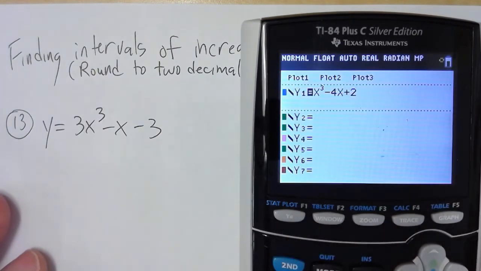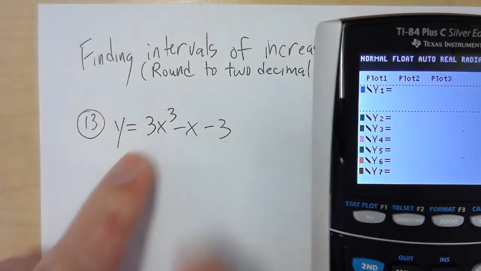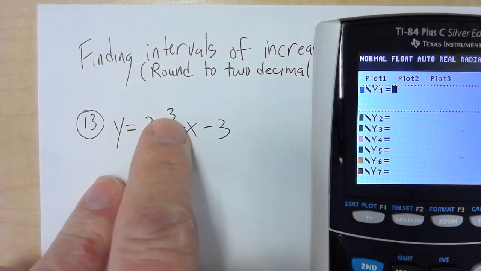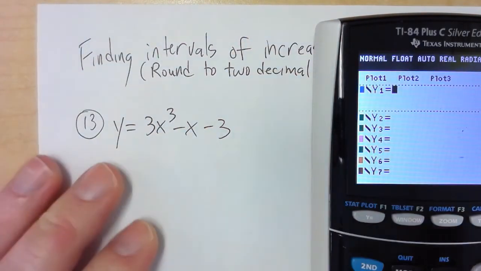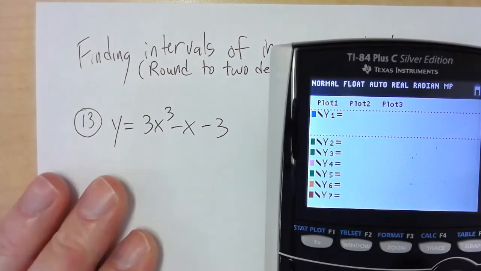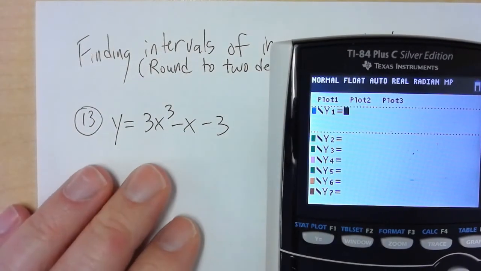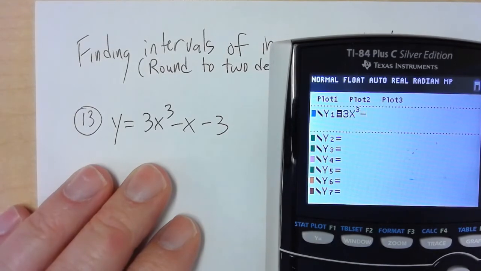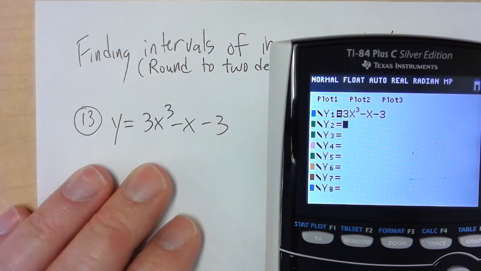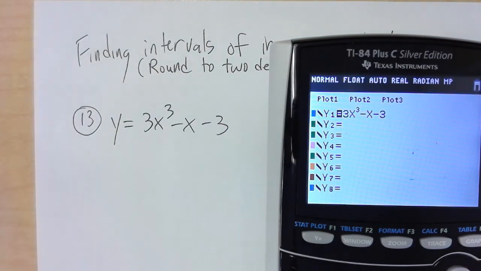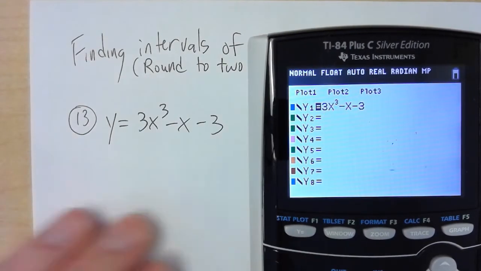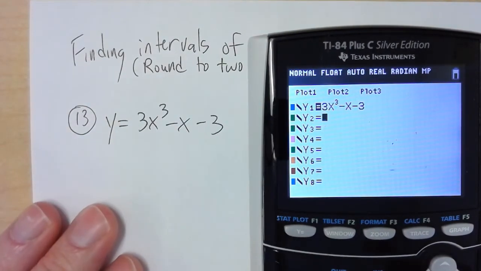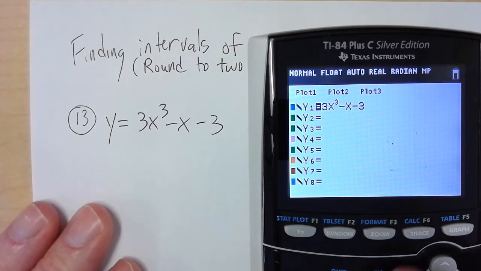So I'm going to graph it here, and this one is positive and odd, so we know that it's going to be up on the right and down on the left. It's going to do a curvy thing, and that's from our little song that we just did. So we go to 3x to the 3rd power, minus x minus 3, enter. And graph. I'm going to do zoom and 6.